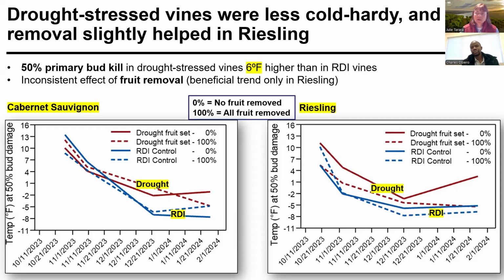We have another question. This person asks, there seem to be significant differences between the two varieties studied. Do we have any hints on how any other varieties would perform? At the beginning of this project, we were not thinking that the varieties were going to be different. And since we are seeing some different responses, that's good, but I don't know.